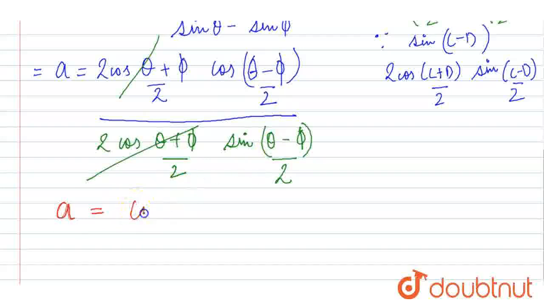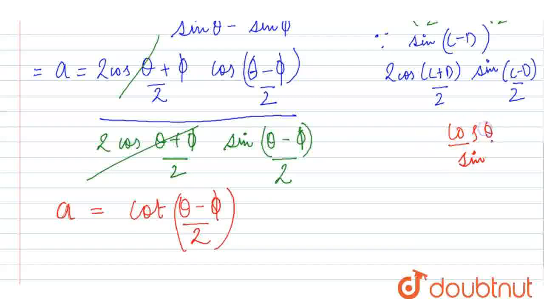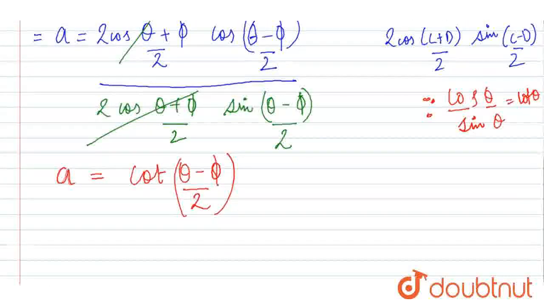So it will become cot (theta minus phi)/2, right? Because cos theta over sin theta is cot theta. Now we have to move forward.